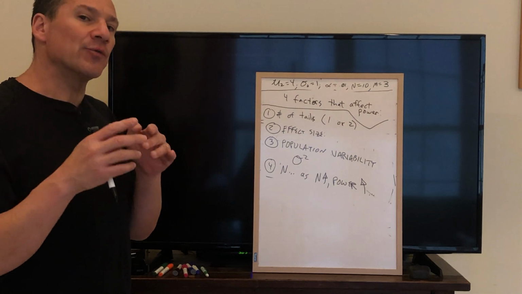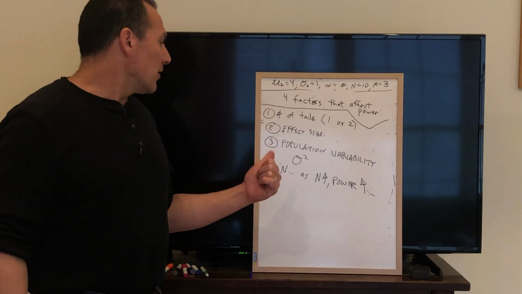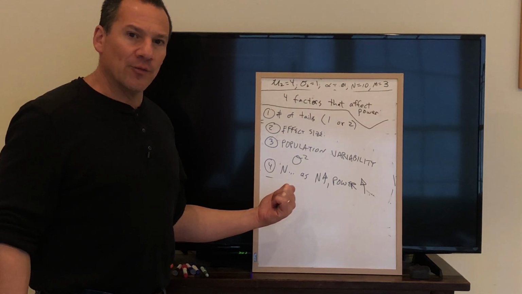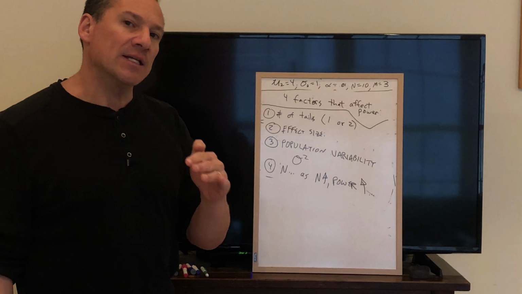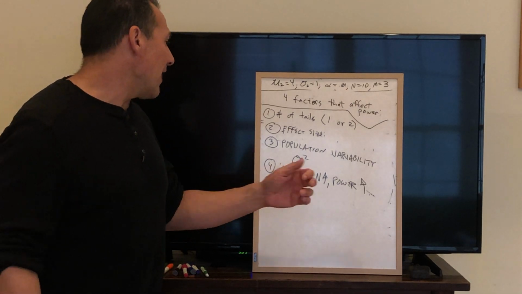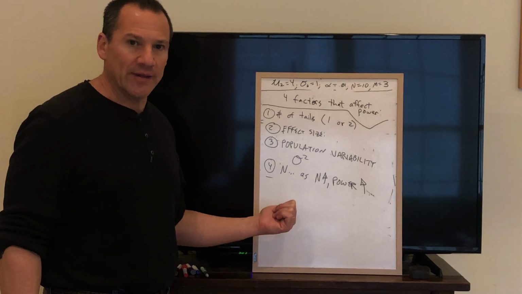So it's easier to reject your null hypothesis as your n increases. A lot of times when people are talking to you about research, they'll say you want as large of an n as is humanly possible, and this is the specific reason that people will tell you that.